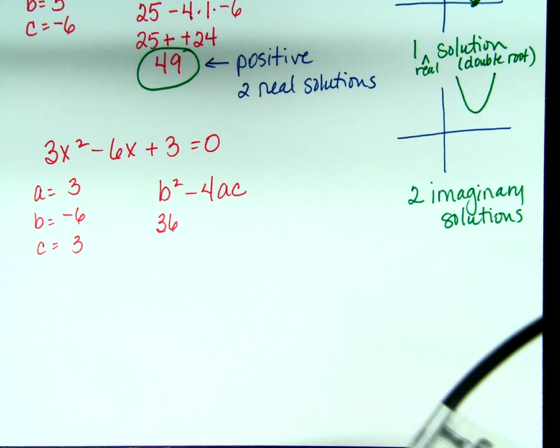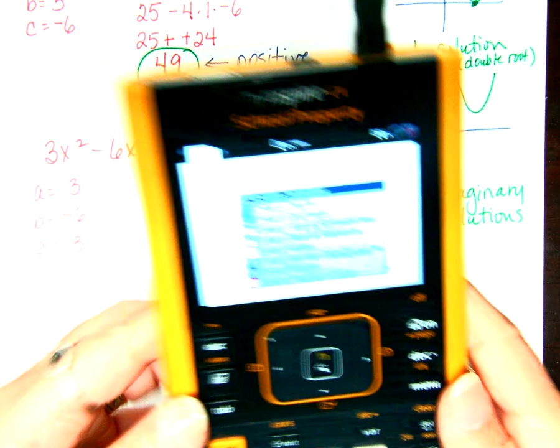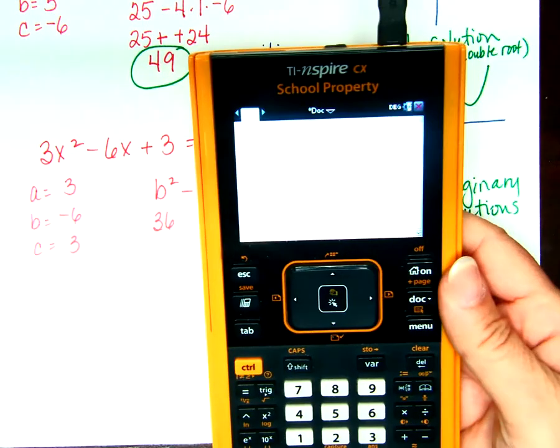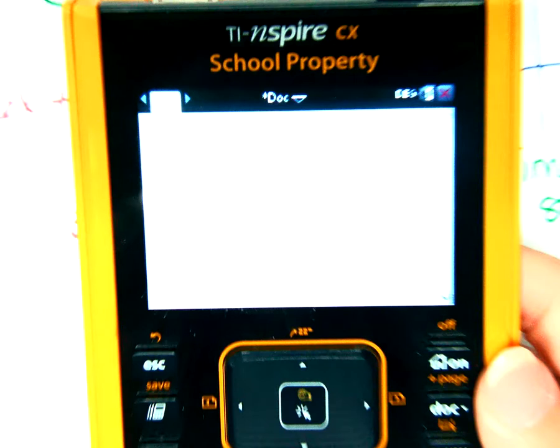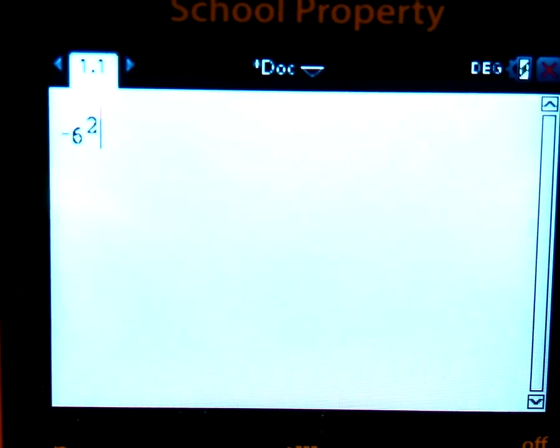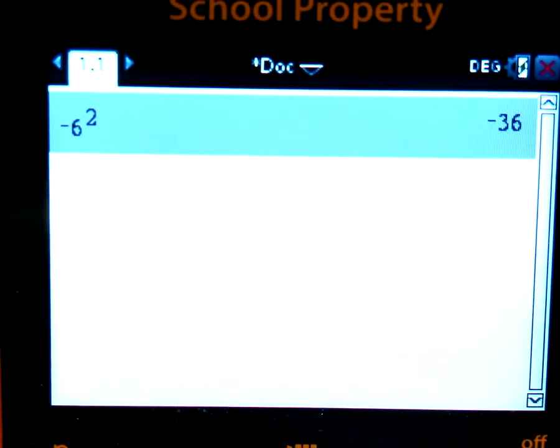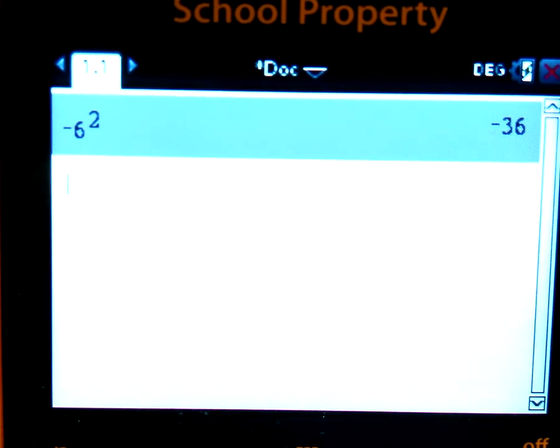Okay? Well, I'm going to have to zoom in so you can see what I'm typing. So what you just told me was that negative 6 squared was what? Who's wrong?